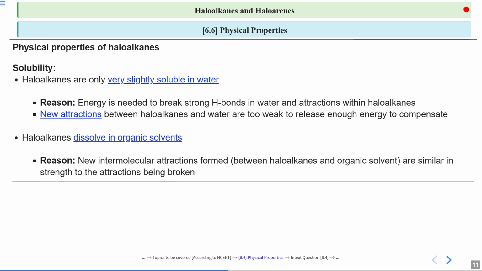And haloalkanes are very slightly soluble in water due to the stronger hydrogen bonds in the water which can't be broken, and the new attractions between the haloalkanes and the water molecules are too weak to release enough energy to compensate.